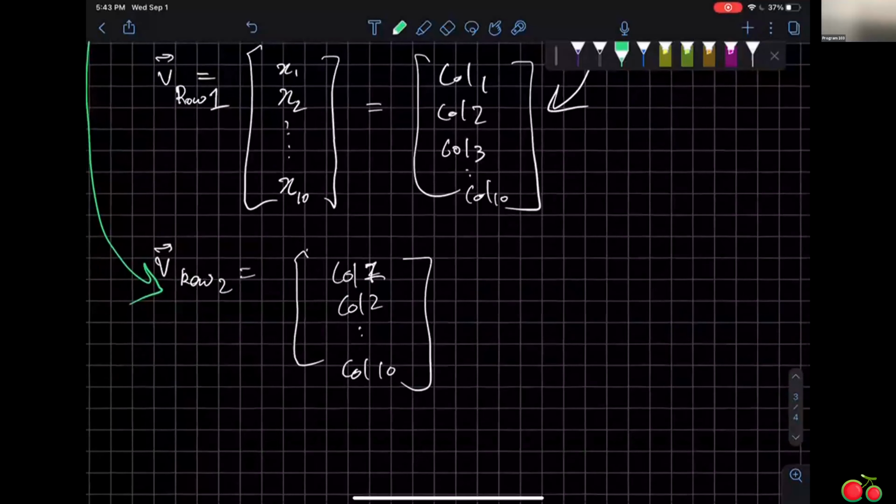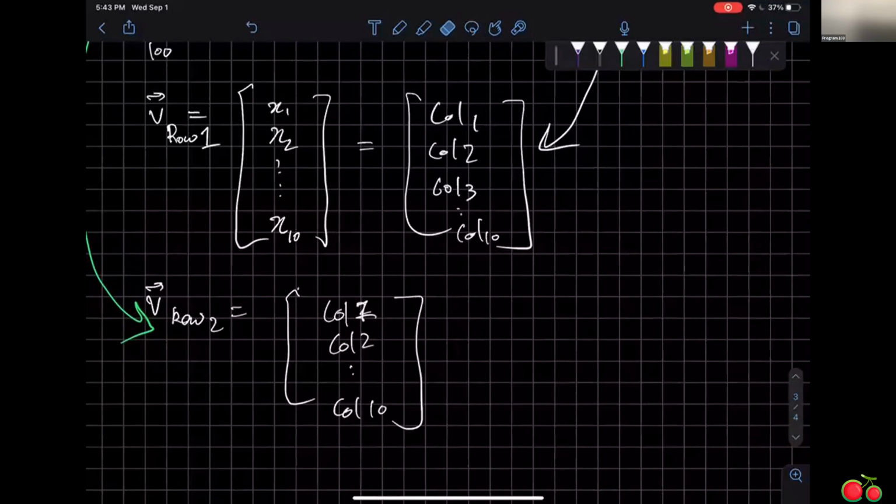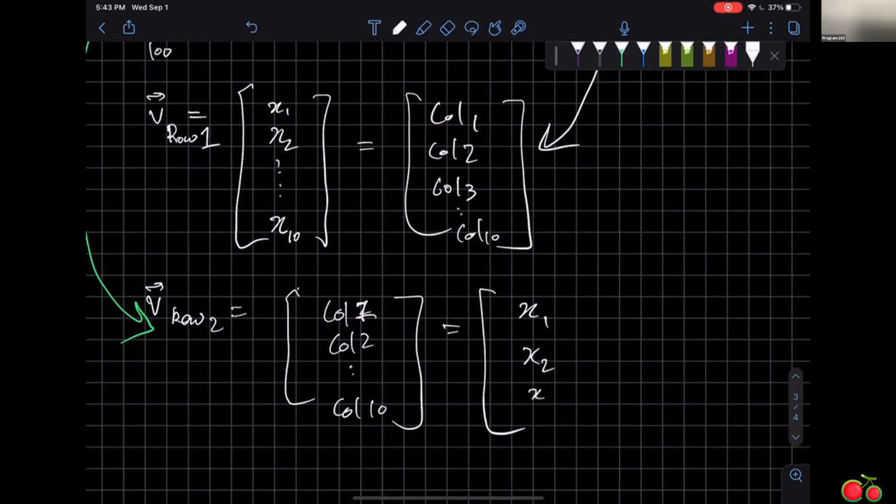Okay, so we would say, strictly speaking, the way we would write this is, so this would again be like x1, x2, all the way till x10. But usually what we do is we attach a number on top here.